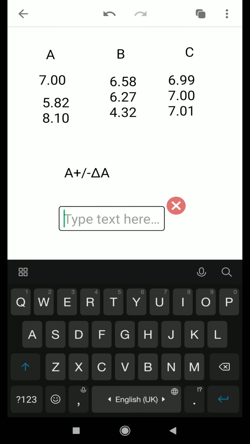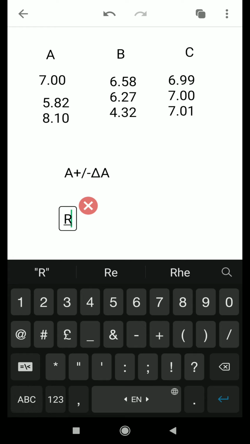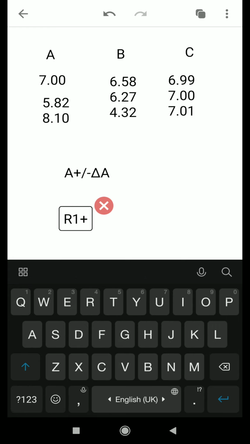Say you have measured one resistor R1 and another is R2. The errors are respectively del A and del B. Then for series combination, your result of these two data will be R1 plus R2. You know it.